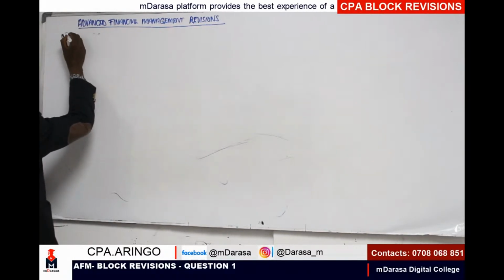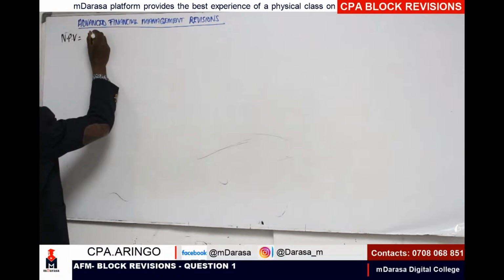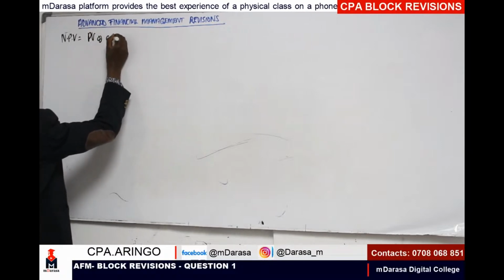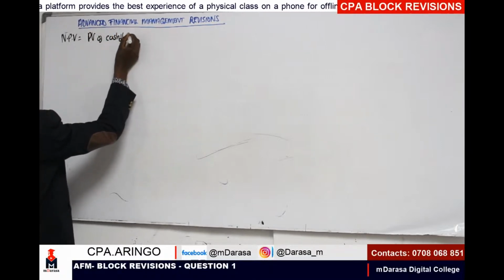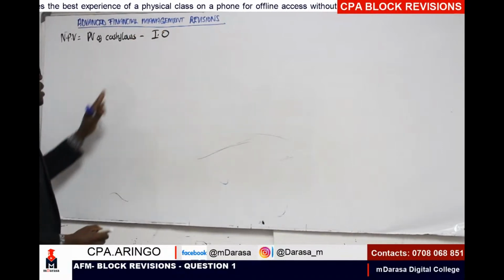Breaking down net present value, we should always have the present value of cash flows minus our initial outlay, in the event that I am not having terminal cash flows.